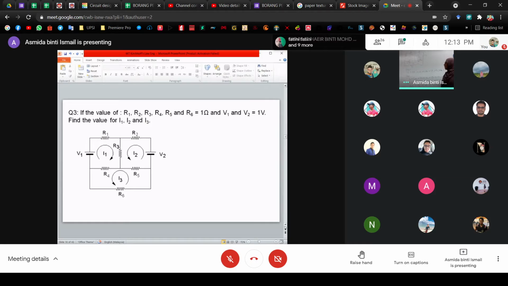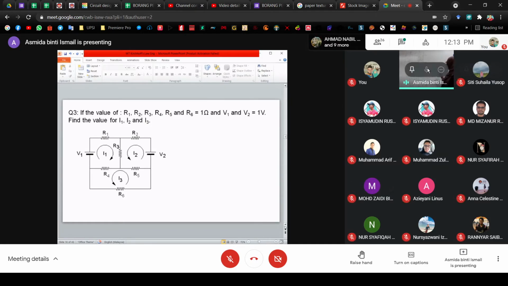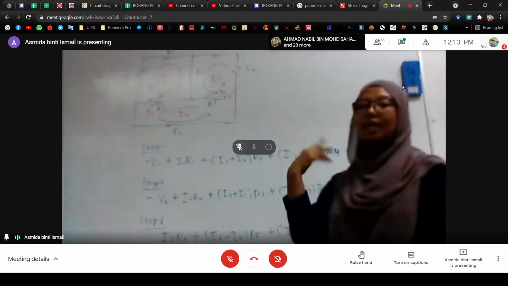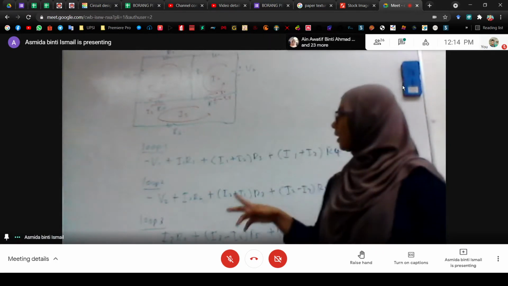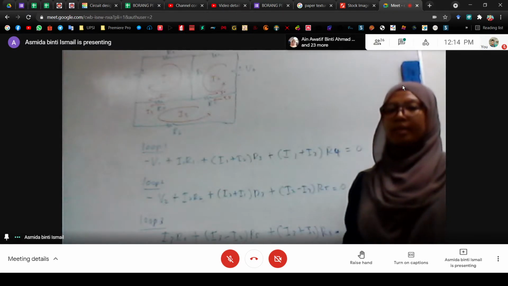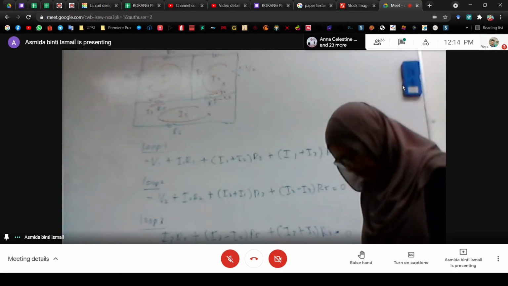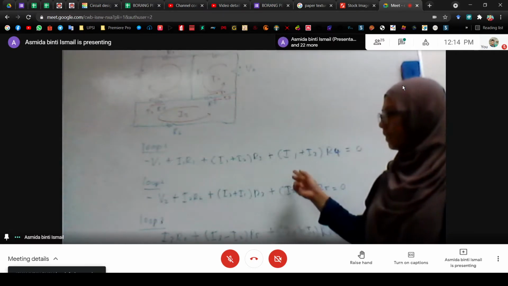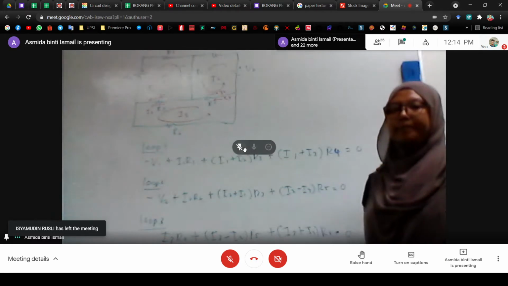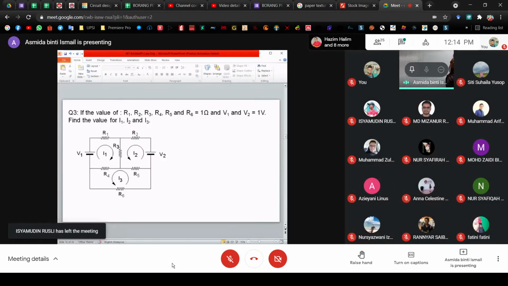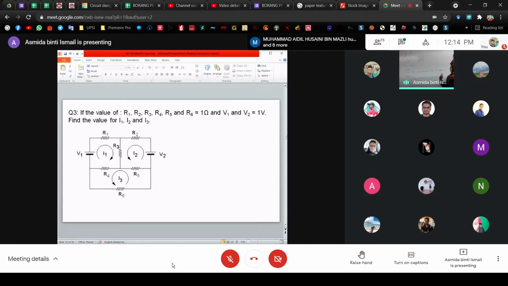It gives the values: all the resistance values are 1, and the voltage values are also 1. Find the values of I1, I2 and I3. Try from this equation: insert the values for R and V, then get 3 equations and solve them to get the values for I1, I2 and I3.